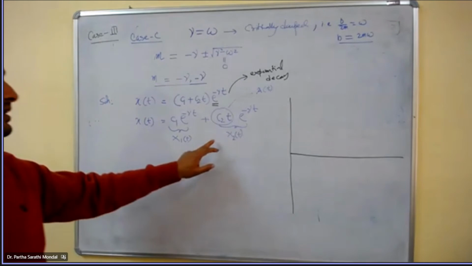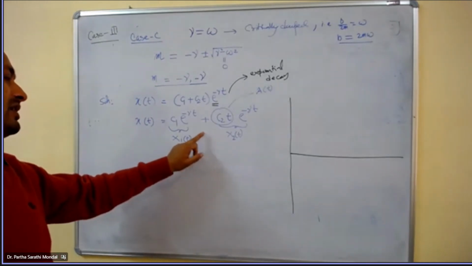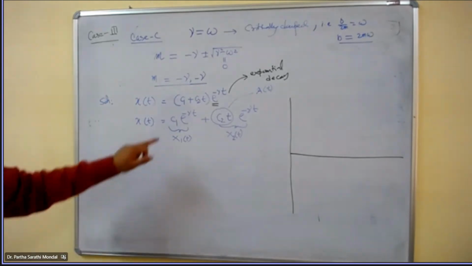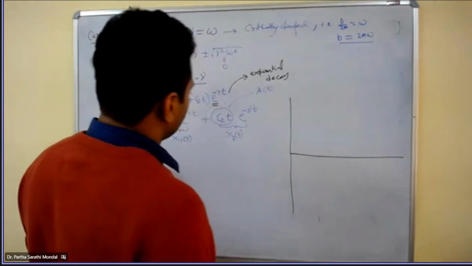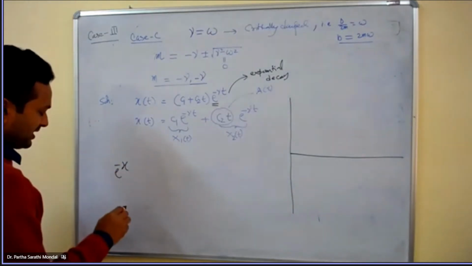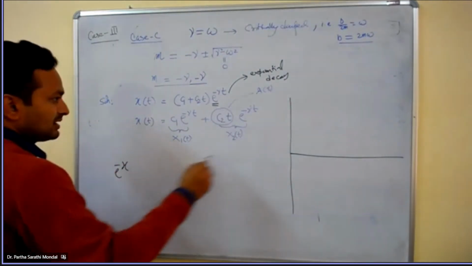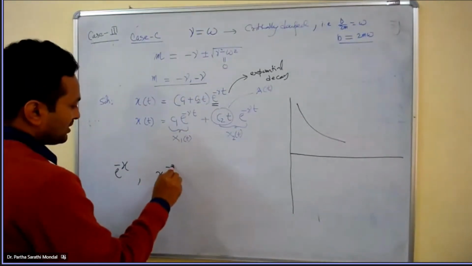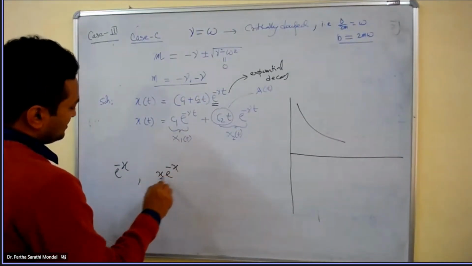If you really want to see how the solution looks like, we can try in Mathematica. Otherwise, it's very difficult. Suppose we can plot this one, it's very easy. It's just an exponential decreasing function. But if I want to plot this one, it's very difficult.